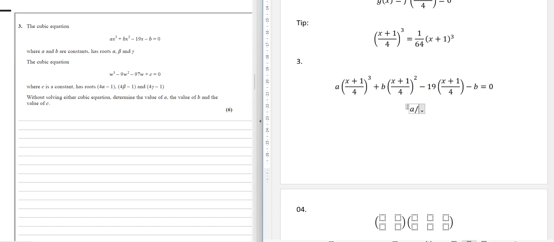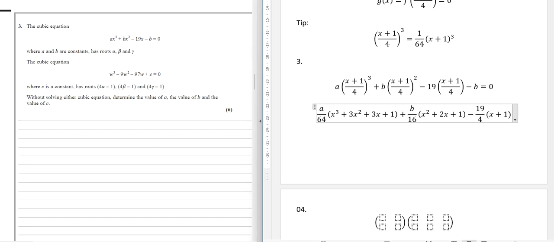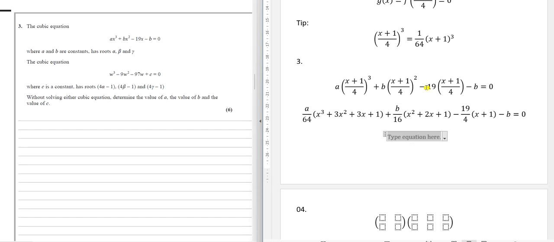And to make my life easier, I'm actually going to multiply through by 64. I'll do that after I've sorted this out. x cubed add 3x squared add 3x add 1. That's nice and quick. b over 16, and then x squared add 2x add 1. Taking away 19 over 4 lots of x add 1, and take away b.